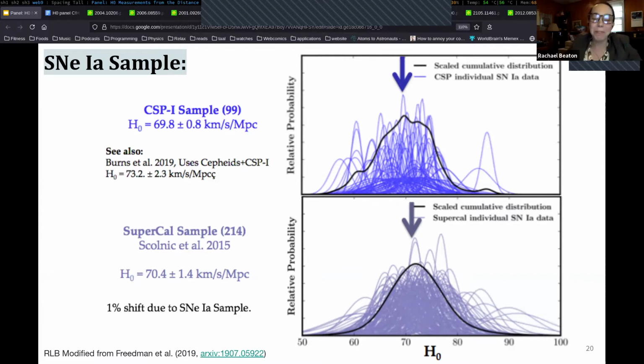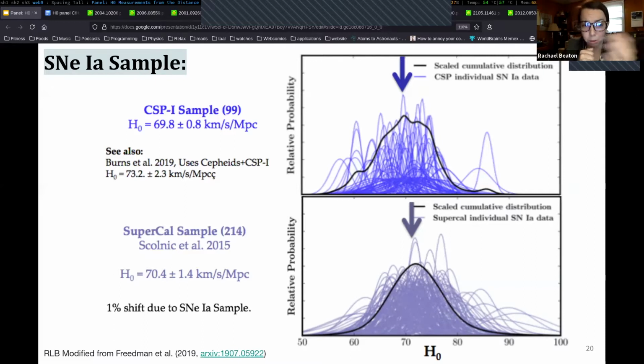The SuperCal sample, it's a big team. The samples are fundamentally different. CSP is sort of the artisanal supernova sample, whereas the SuperCal sample is really everything, trying to get everything as homogenized as possible. They're two different philosophical approaches that come up with beautiful results.